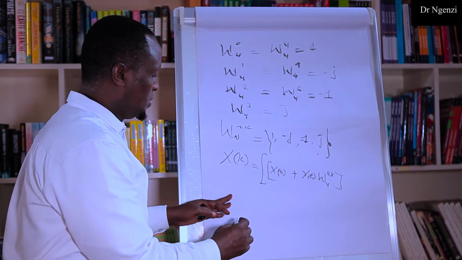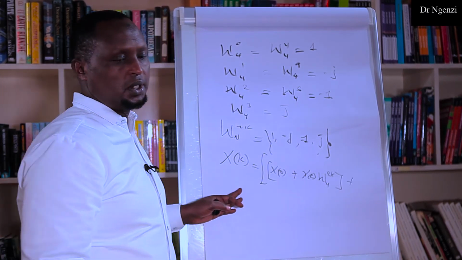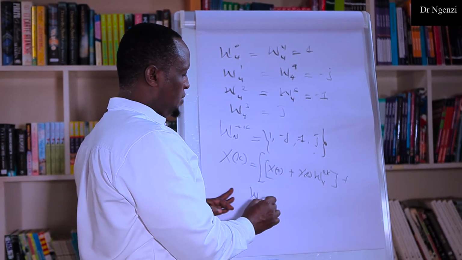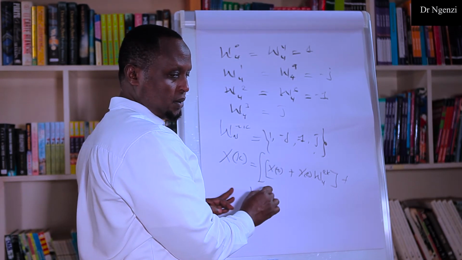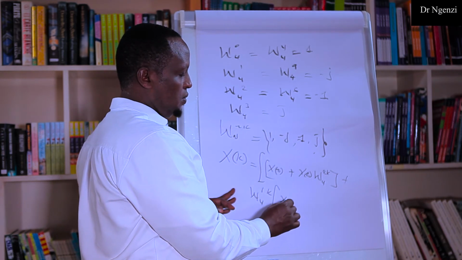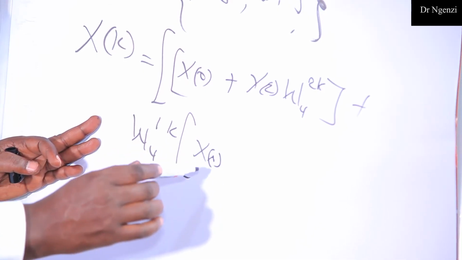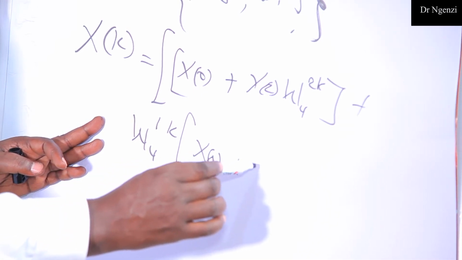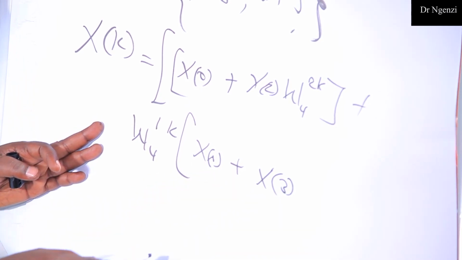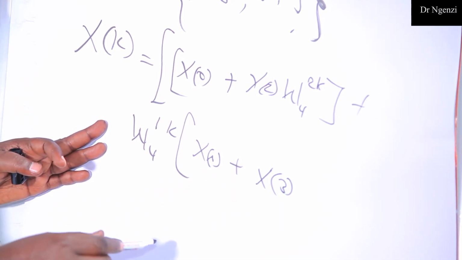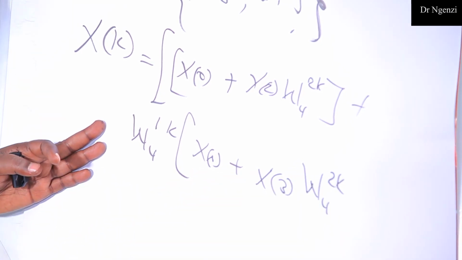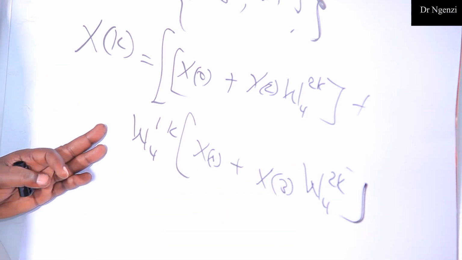So you can also add plus w of 4, 1k, of course, into x of 1 plus x of 3. So remember, these are the odd numbers, x of 3, w for 2k. So these are also some values.